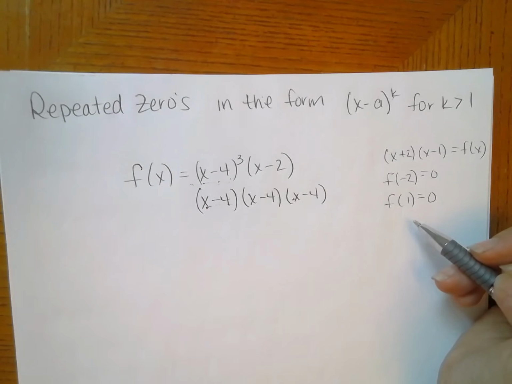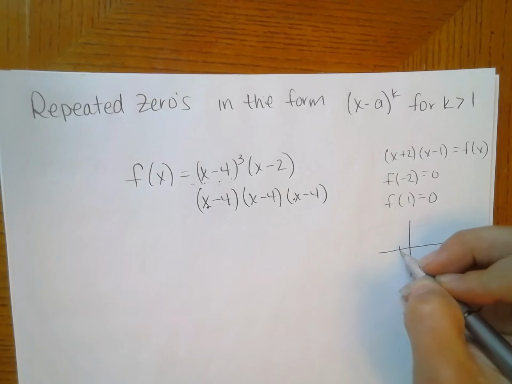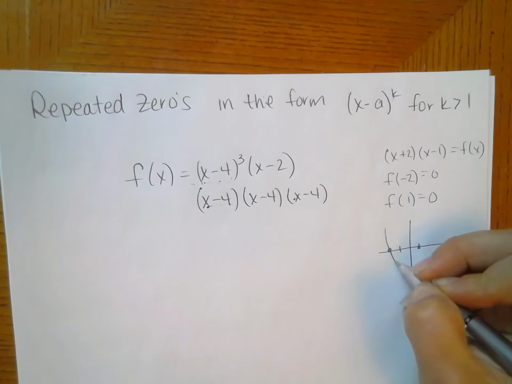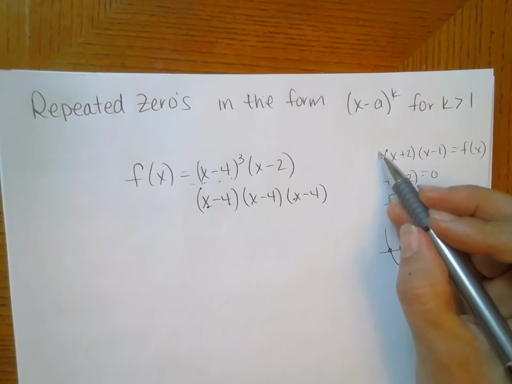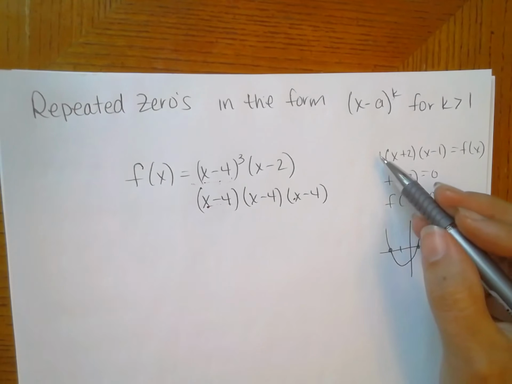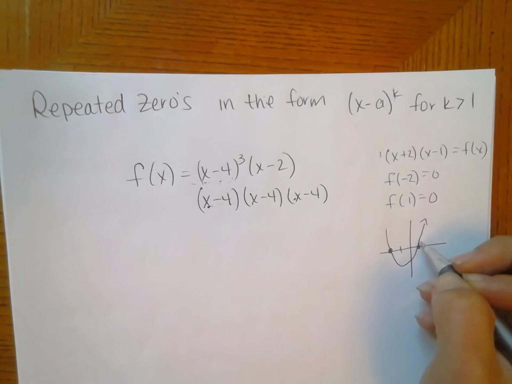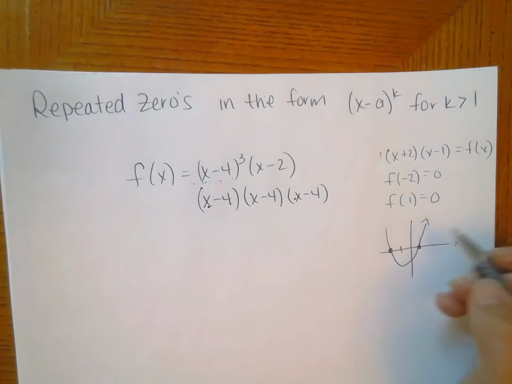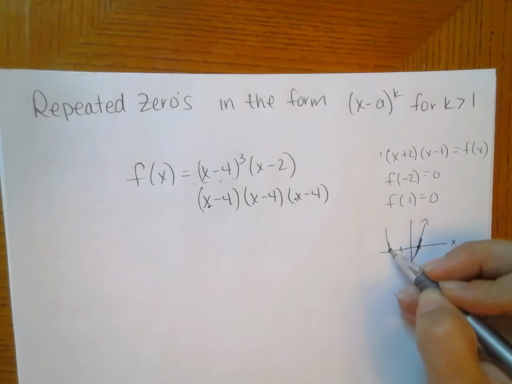When I go to graph these, they are x-intercepts. My function looks like this because I know it has a positive leading coefficient, which is implied to be 1 since there's nothing else there. So these values cut through the x-axis. They're x-intercepts, and when I draw my graph, it actually crosses over.